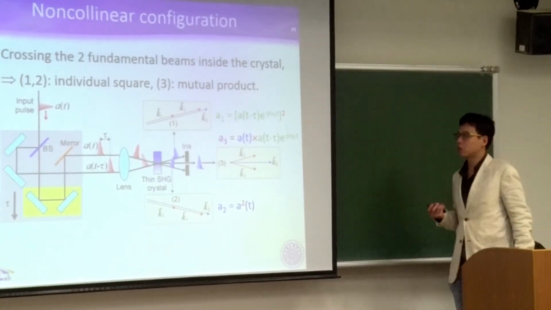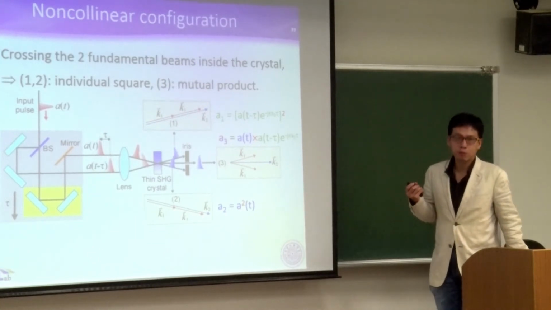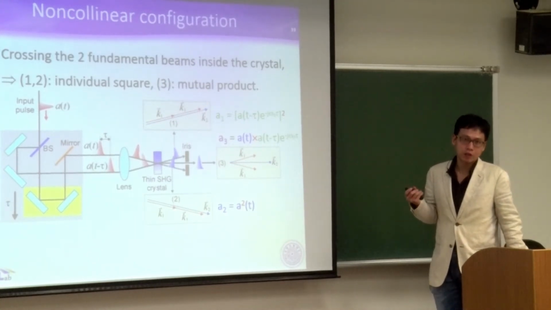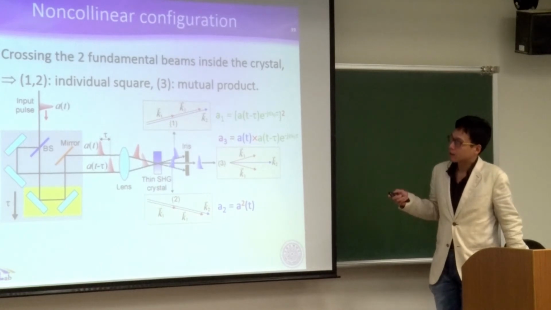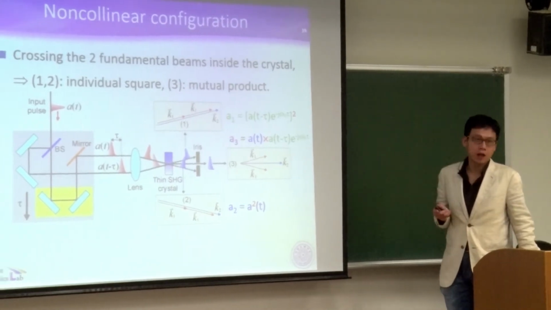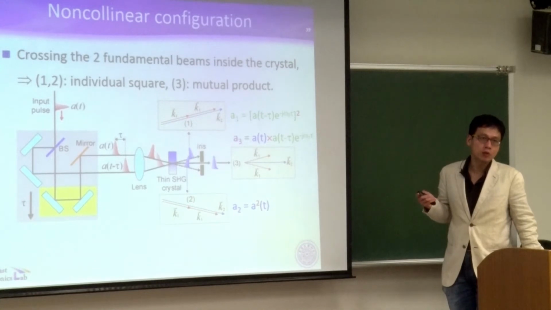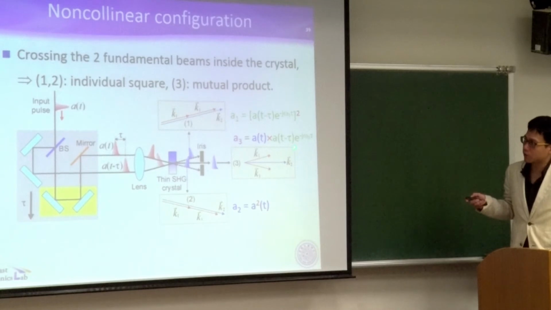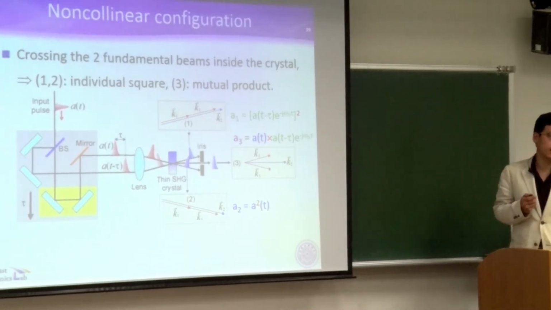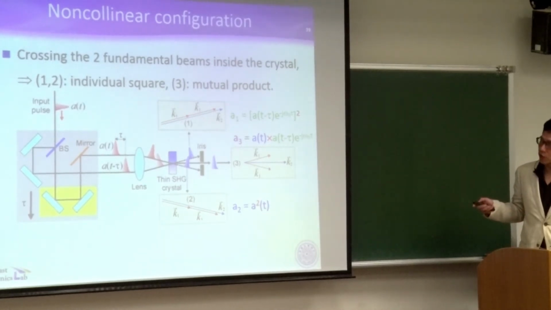Just like the mathematical formula (a plus b) squared, you should get 3 terms: a squared, b squared, and 2ab, right? Now, a squared and b squared are blocked by an iris. Only the cross product term, a times b, is preserved in the third beam. Okay? So we just use a slow point detector to measure the second harmonic energy of the third beam.